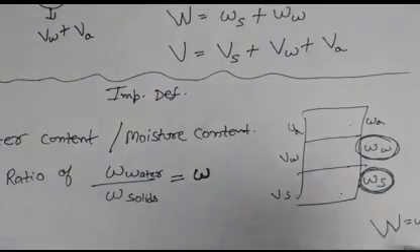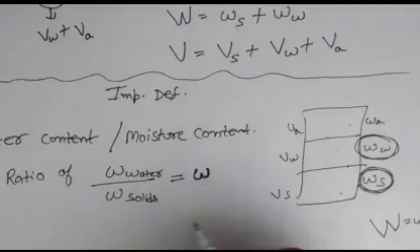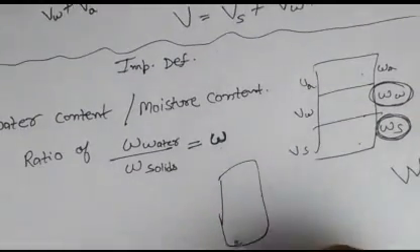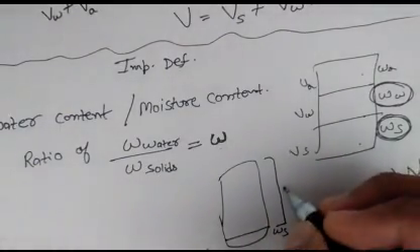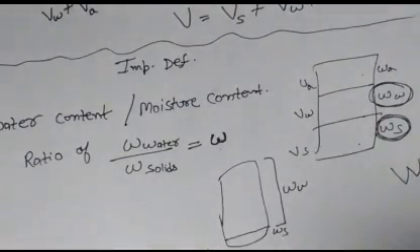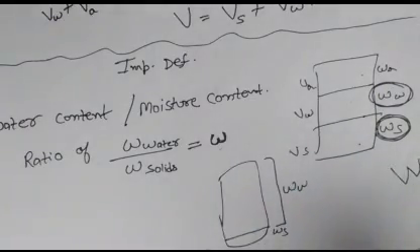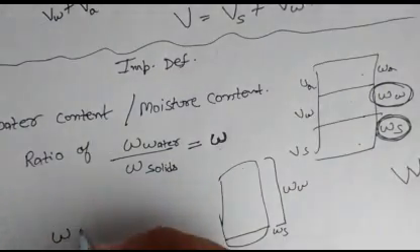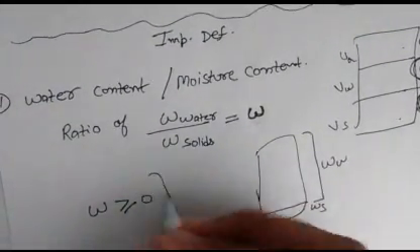But what about the upper limit of this w? I can have a system like this too, where the weight of solids is just this much, and this entire space is filled with weight of water. So technically, water content doesn't have an upper limit. Water content can be equal to or greater than 0.